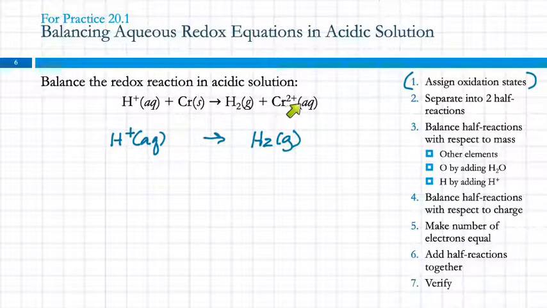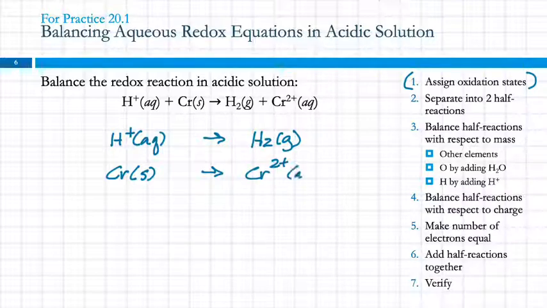Could that happen? Yeah, just with some electrons moving around, right? And that's what this is all about. So we've got chromium going to chromium 2+ ions. That's step number 2. Separate into 2 half reactions. And just pick the reactant and product that look most alike to put in one reaction and put the others in the other reaction.